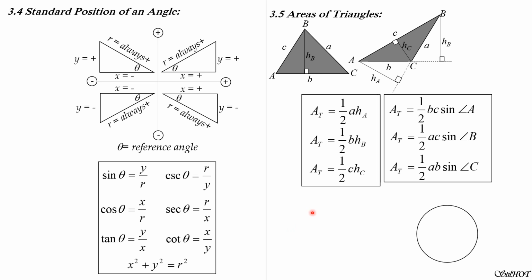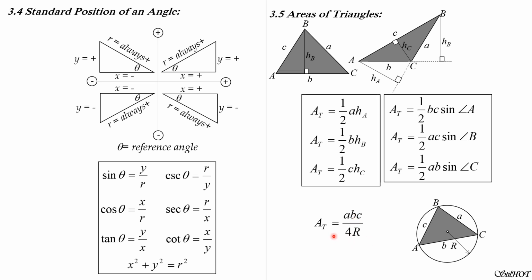Next, we have the area in terms of the radius of the circumscribing circle about a triangle, and the radius is denoted by big R. Again, the derivation of this formula will be in plane geometry. It is ABC over 4R.